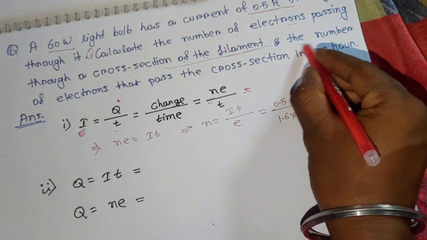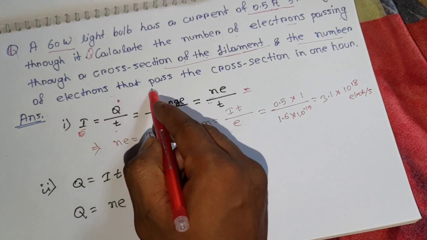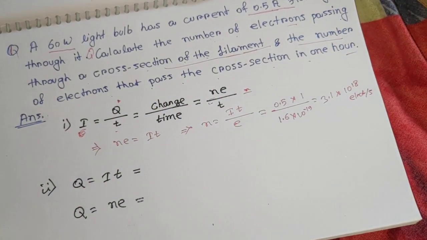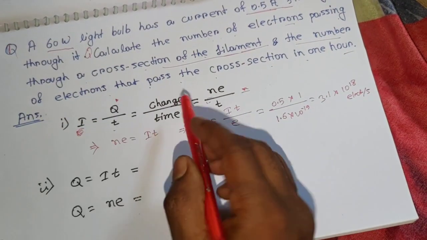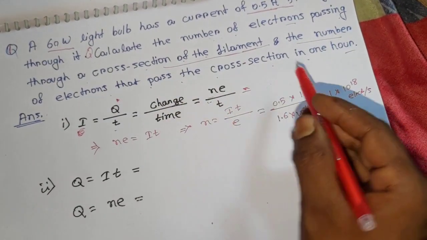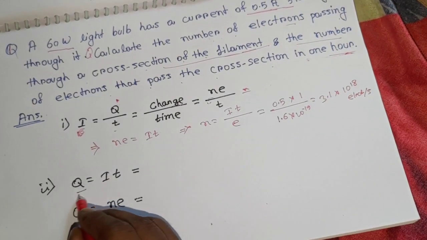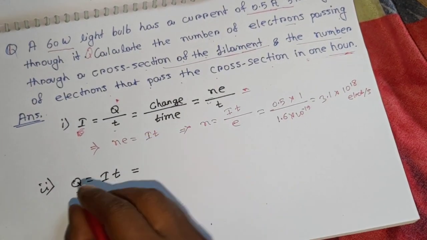Now the second question: the number of free electrons that pass the cross section in 1 hour. At first we will calculate the charge.